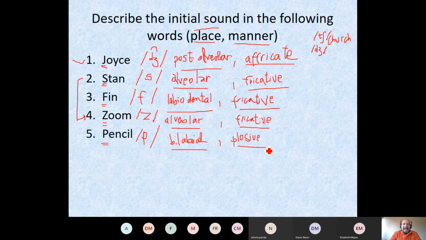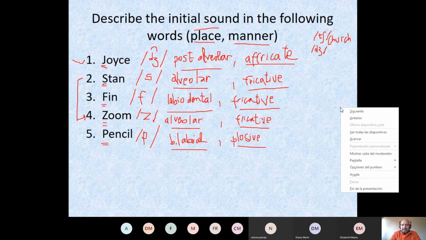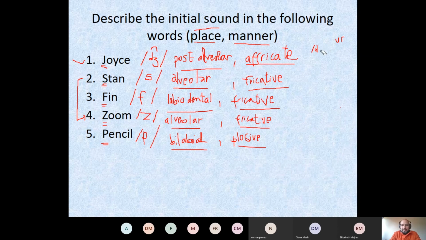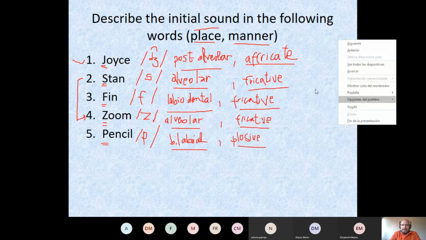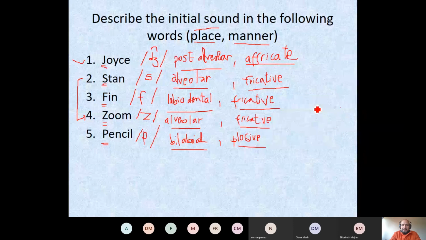Now, if we had to add some more information here, such as voicing, we would have to say that the first one is, what do you think? Voiced or voiceless? Voiced, exactly. I'm going to put this one, all right? This is voiced. What about the second one?